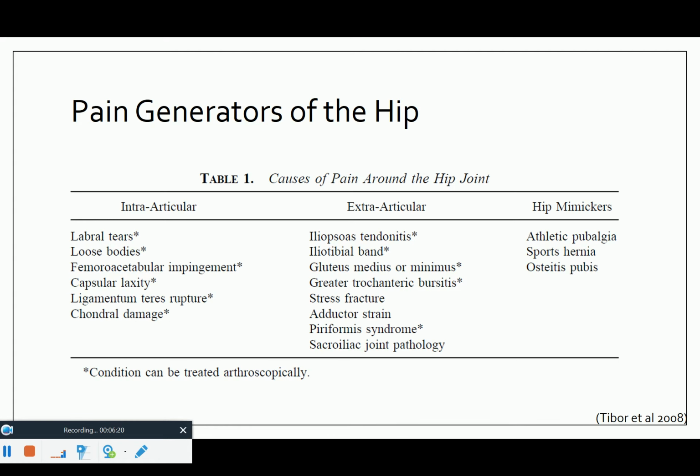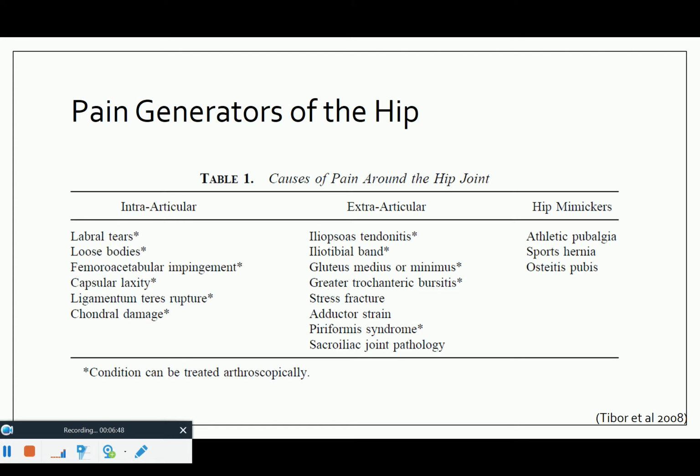So what are some pain generators of the hip? This was a study by Tibor et al., 2008. He basically broke it down into 3 different categories, and the conditions that have the asterisk next to them are conditions that can be treated arthroscopically. So you have intra-articular, extra-articular, and hip mimickers, or basically pathologies that present around the hip.